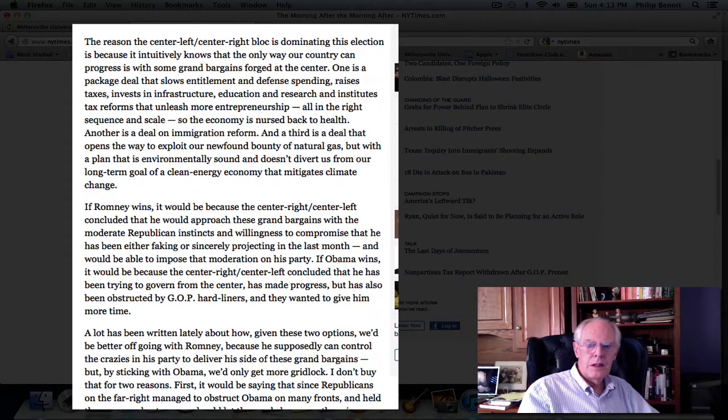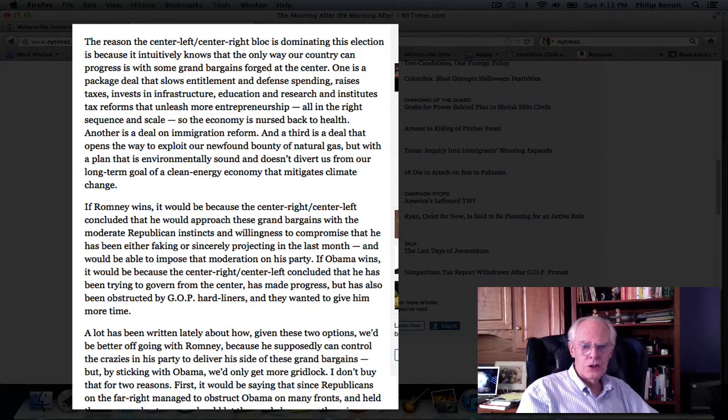"The reason the center-left, center-right bloc is dominating this election is because it intuitively knows that the only way our country can progress is with some grand bargains forged at the center." Nothing particularly noteworthy about that. Again, another straightforward sentence.